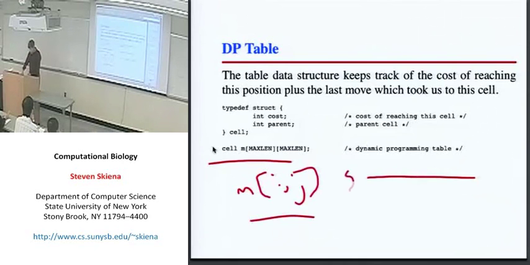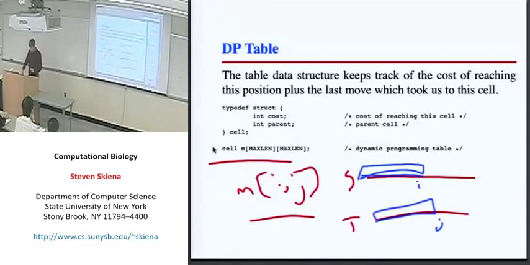If we have a string S and a string T, m sub ij describes a pair of indices, and it describes the cost of editing the prefix of length i on S to a prefix of length j.